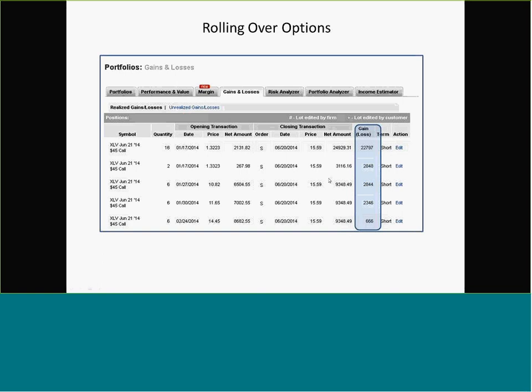So this column right here shows the profits I had on the various quantities here. This was filled in increments. So this first increment of 16 contracts had a $22,700 profit. I closed out the June options and bought the September options.